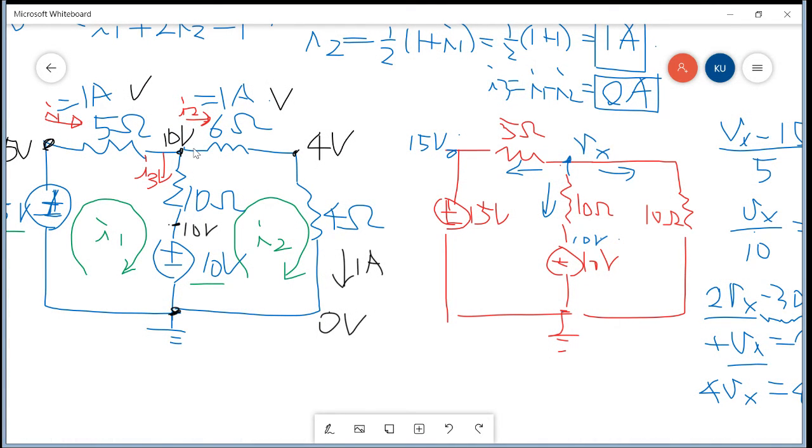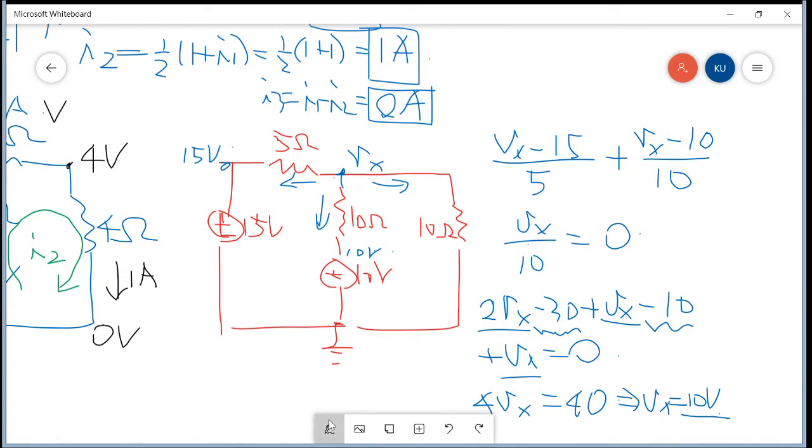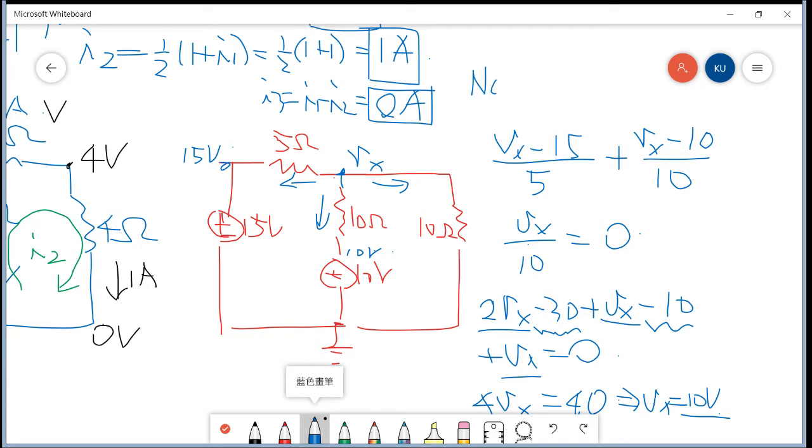So we can just calculate the current. Actually, even for the same problem, you can use the mesh analysis or the node analysis, and it depends.